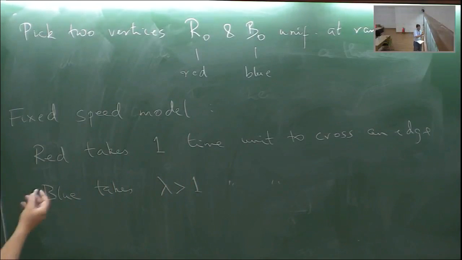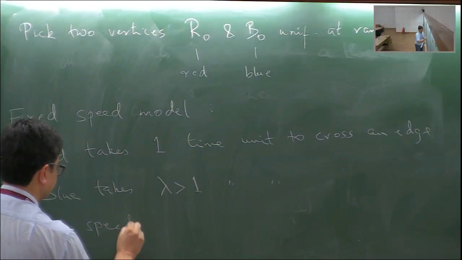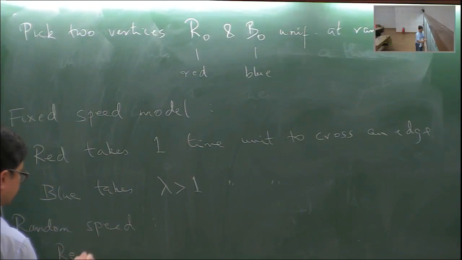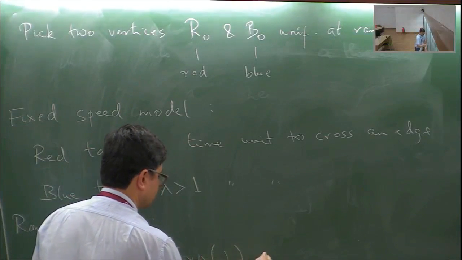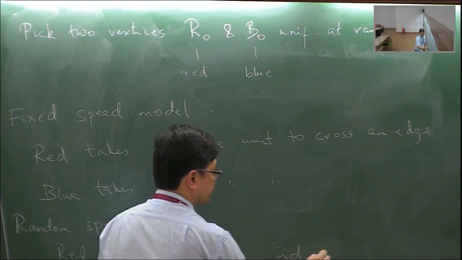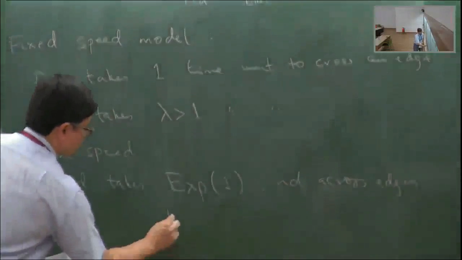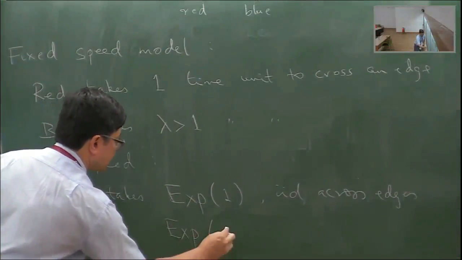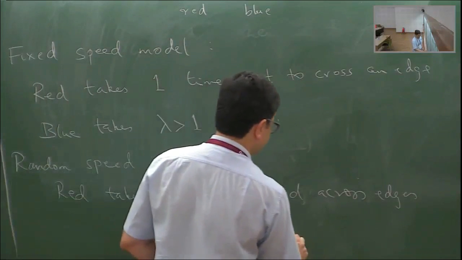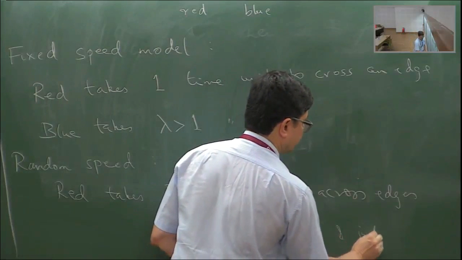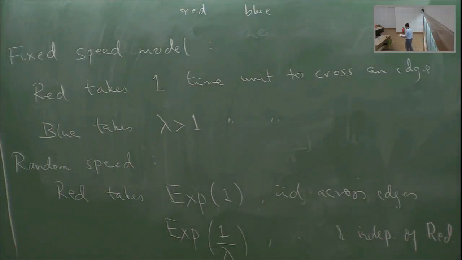And then there's the random speed model. Red takes exponential time with mean 1, IID across edges, and blue takes exponential time with mean lambda, let's say, 1 over lambda rate to get the same mean. And this is again IID and independent of red. So these are two models.